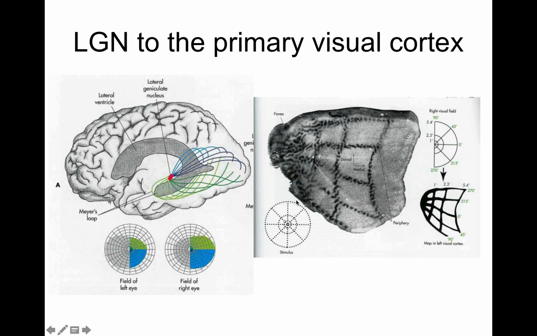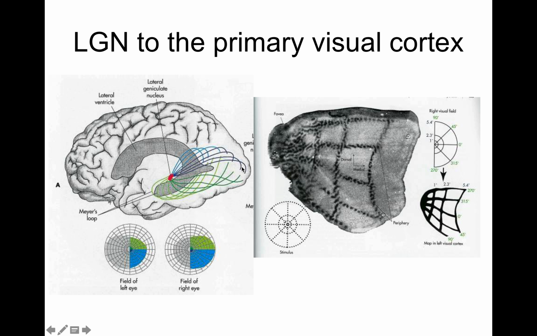In fact, if you shine a grid onto the retina, and then looked at the activity of the cells that were responding to it in the back of the brain here, you would find a map of your retina being shown in the back of the brain.